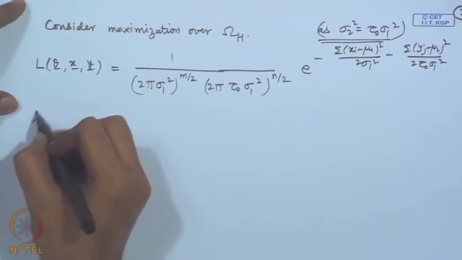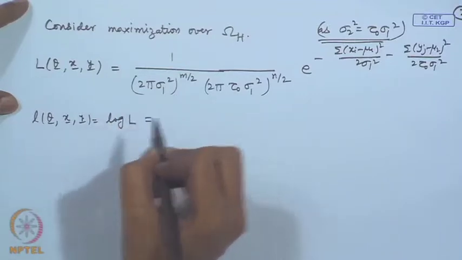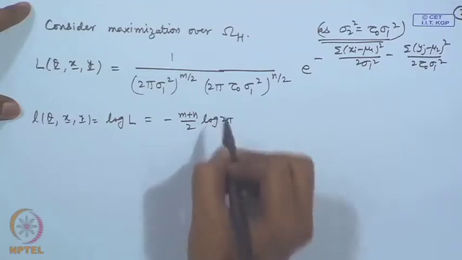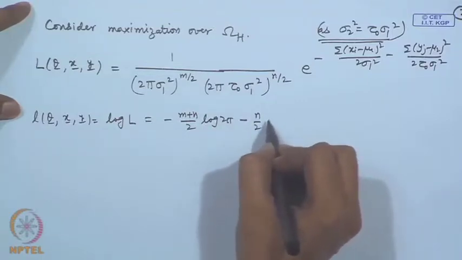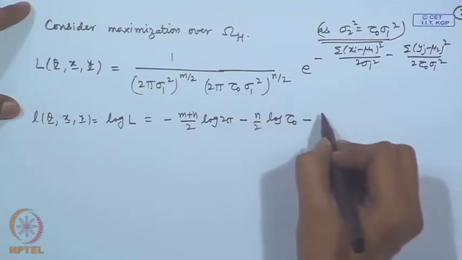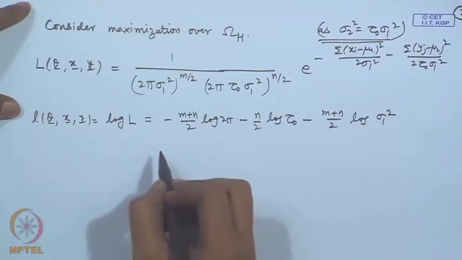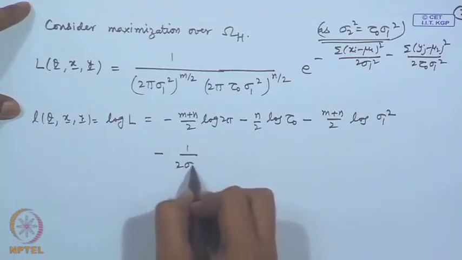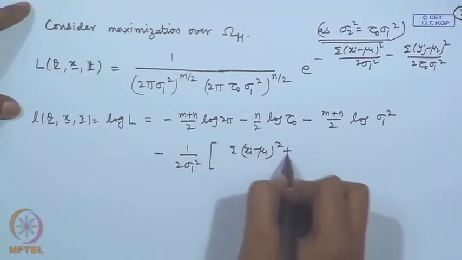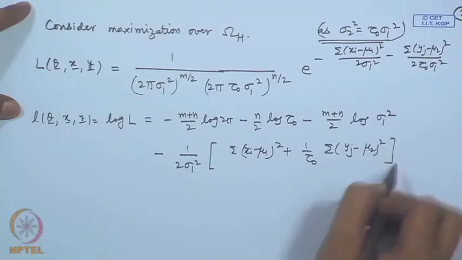So, of course, if we consider the log likelihood here, log of L is equal to minus m plus n by 2 log of 2 pi minus n by 2 log of tau naught minus m plus n by 2 log of sigma 1 square minus 1 by 2 sigma 1 square times sigma x i minus mu 1 square plus 1 by tau naught sigma y j minus mu 2 square.